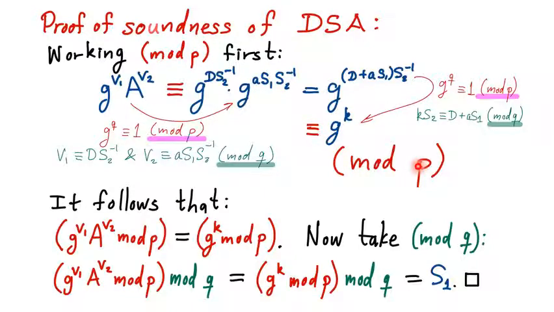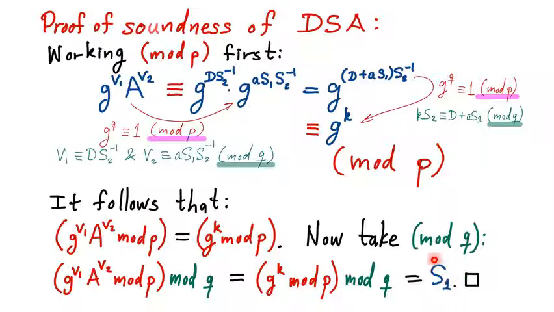So we have this congruence: G to the V1, A to the V2 is congruent to G to the K modulo P, right? So that's just what we showed, that these two are the same number. And therefore, when you take these numbers as between 1 and P and you reduce them modulo Q, what you get is that this quantity modulo Q is equal to this quantity modulo Q. But this quantity G^K mod P mod Q is exactly what we call S1.